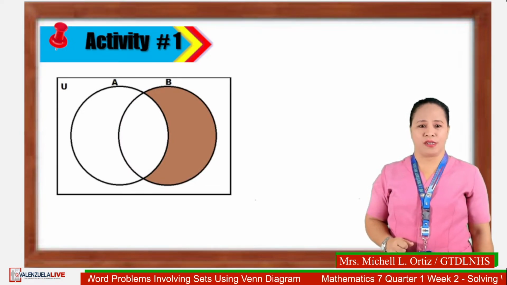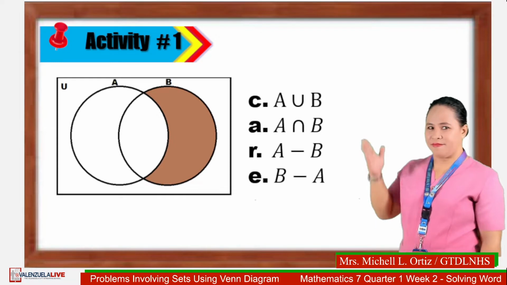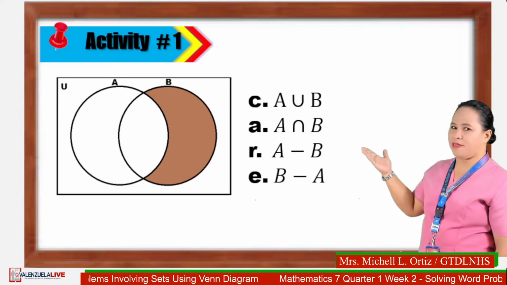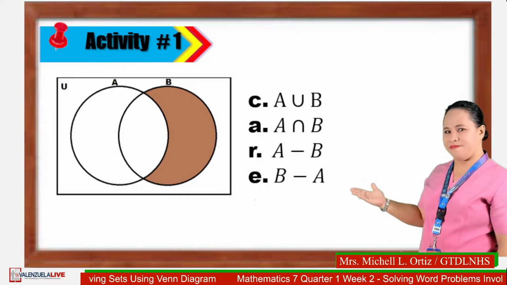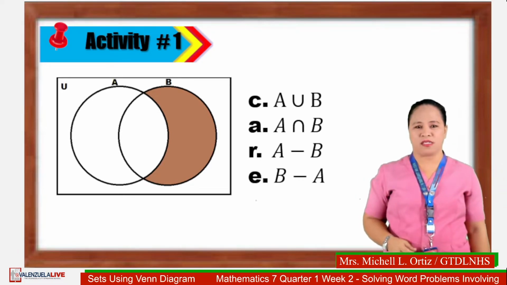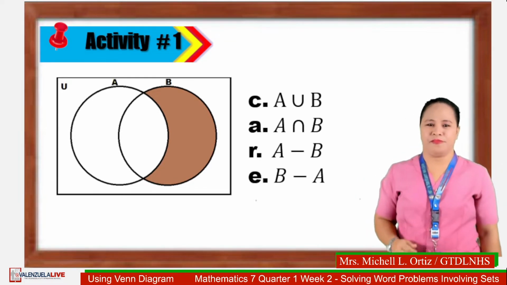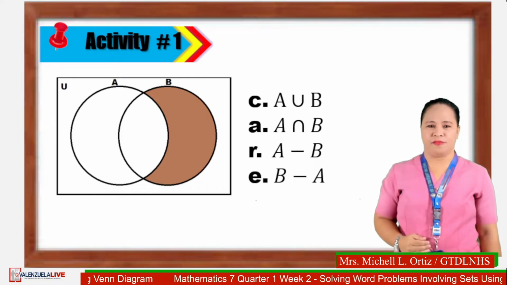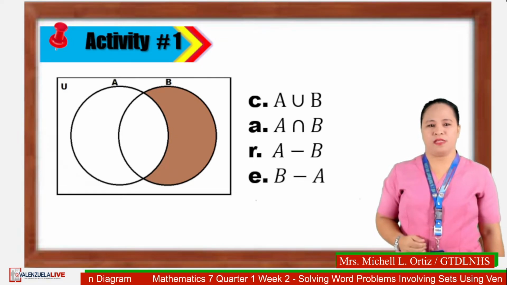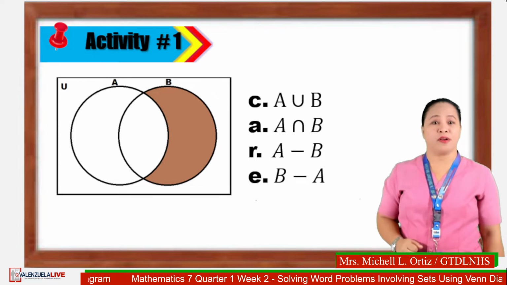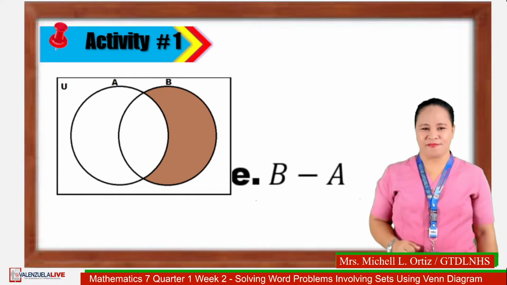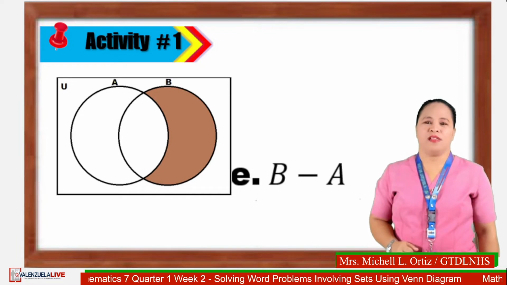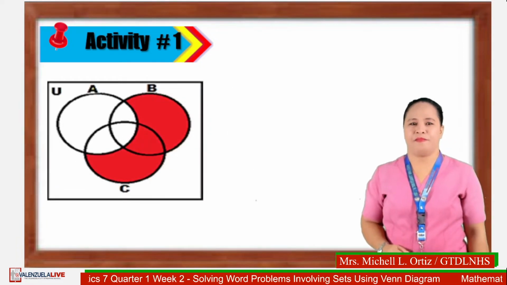Is your answer letter C? Is it letter A? Is it letter R? Or is it letter E? 5 seconds, go! Time's up. The correct answer is letter E. Last figure.